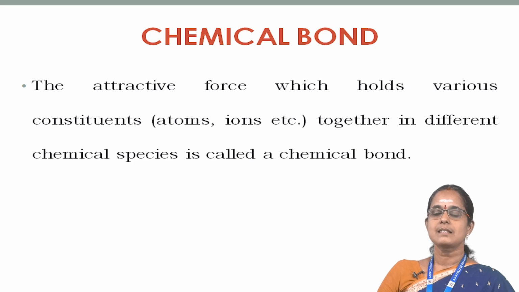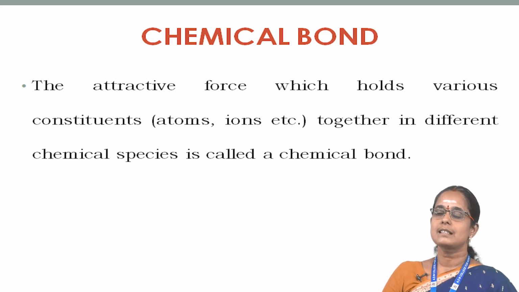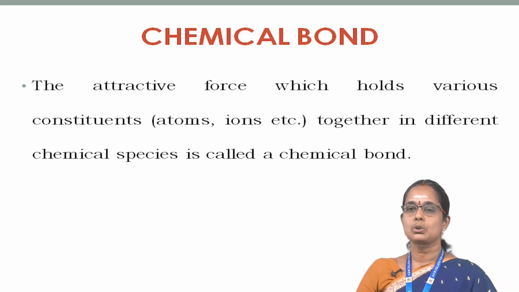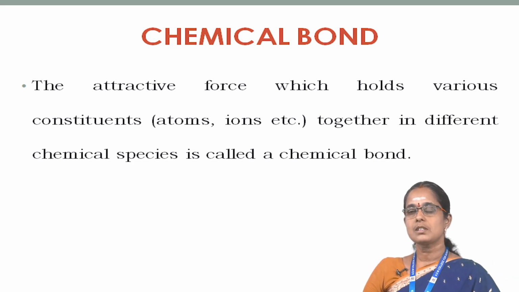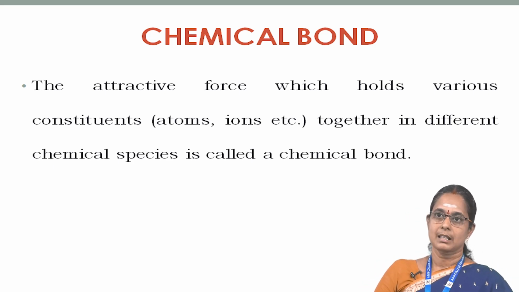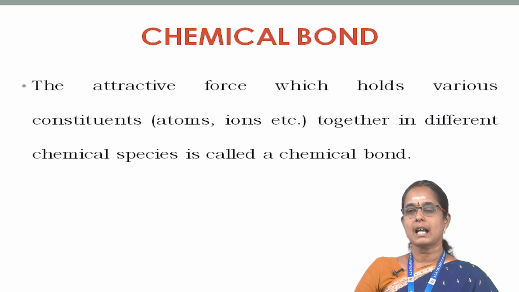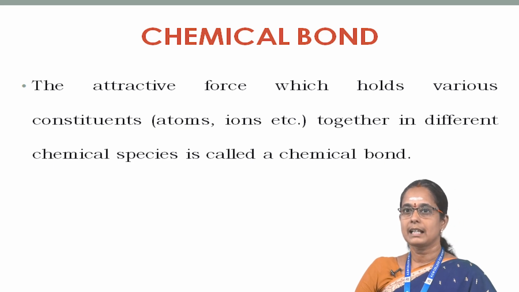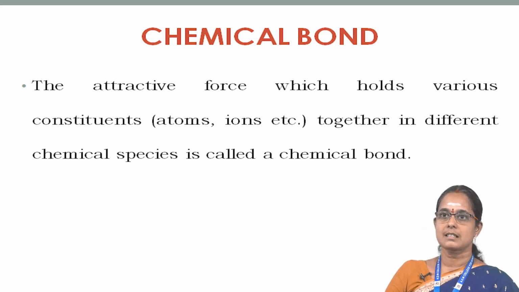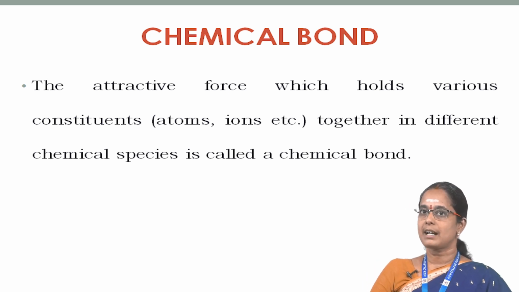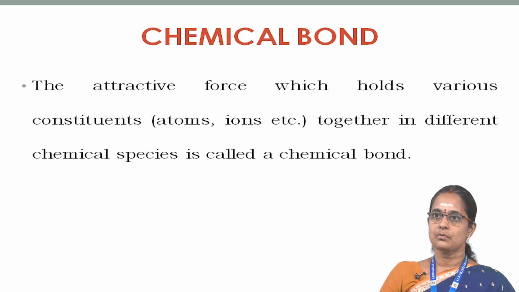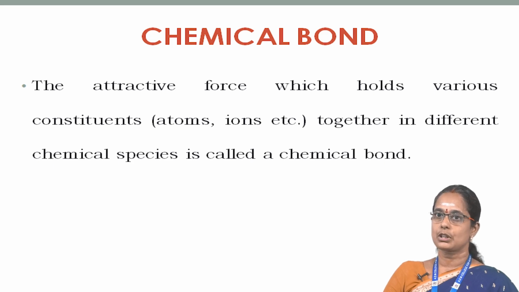Obviously, there must be some forces which hold these constituent atoms together in the molecule. The attractive force which holds various constituents, that is, atoms or ions, together in different chemical species is known as chemical bonding. So, chemical bonding is defined as the attractive force which holds the various constituents together in different chemical species.